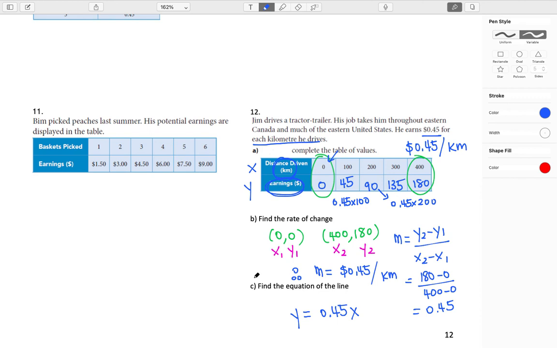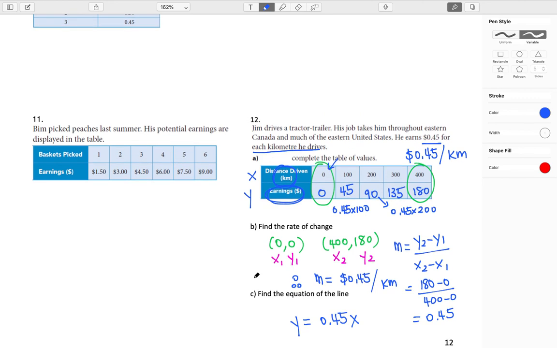Another key thing that I do want to point out, if you look at number 11: Ben picked peaches last summer and his potential earnings are displayed in the table. To find the slope again, you're going to pick 2 points and use the formula.